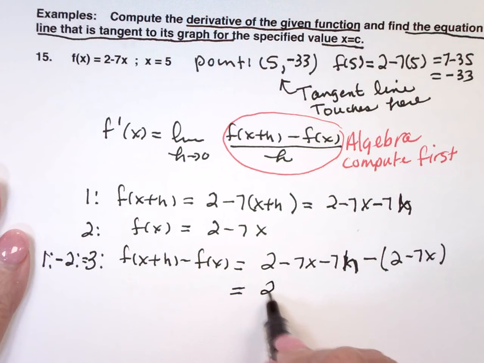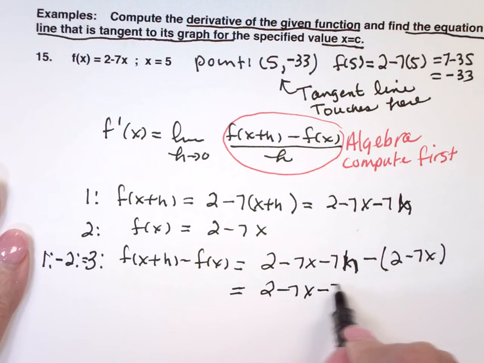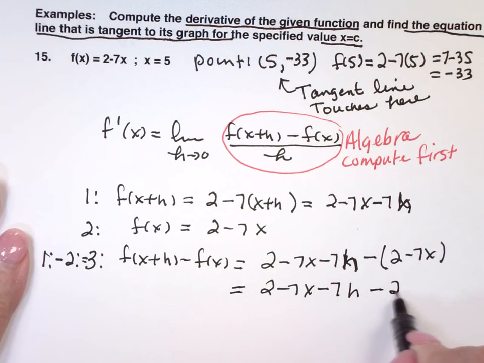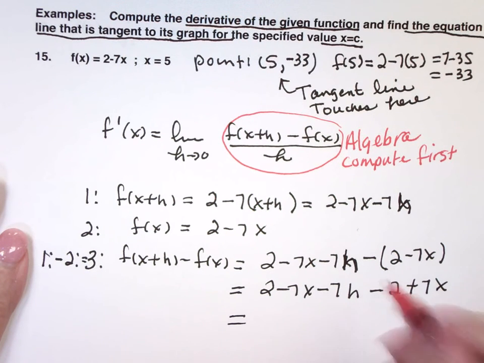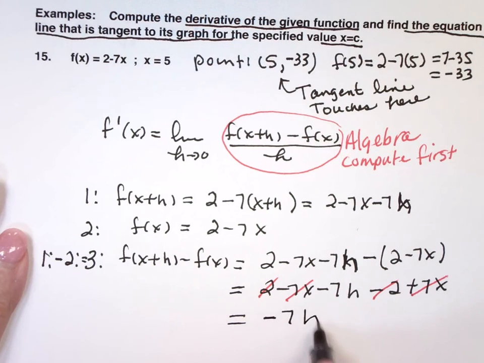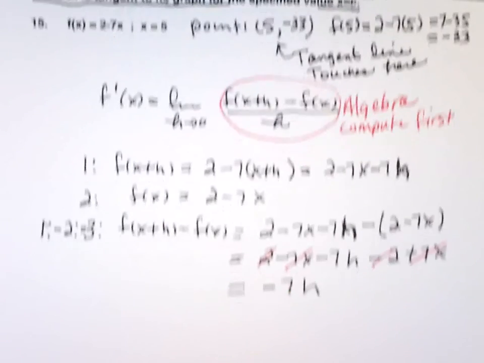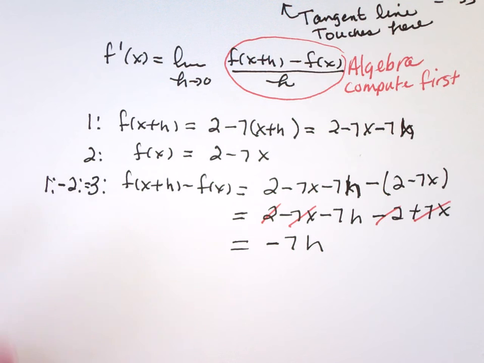So this is 2 minus 7x minus 7h minus 2 plus 7x. Minus 2 plus 2, minus 7x plus 7x, minus 7h. If I've done something wrong, if I'm dealing with a polynomial, I won't end up with nothing but h's.